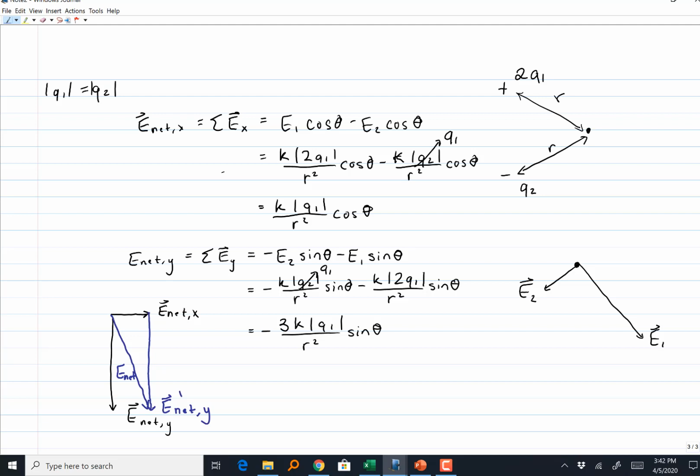Okay, so this tells me two things. I've got a right triangle, and so to find the net electric field, I can use the Pythagorean theorem. And then to find my angle, which we'll call phi, not to be confused with theta, which is the 45 degrees, I can use the inverse tangent.